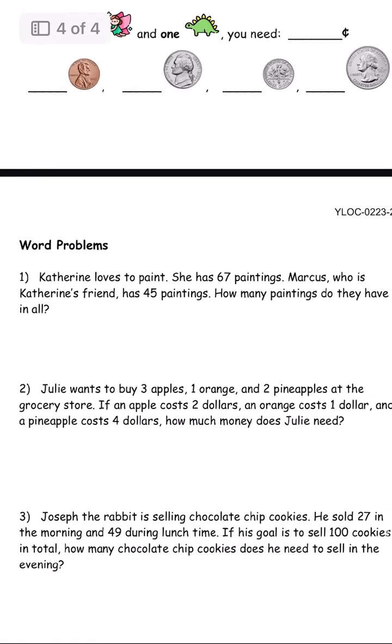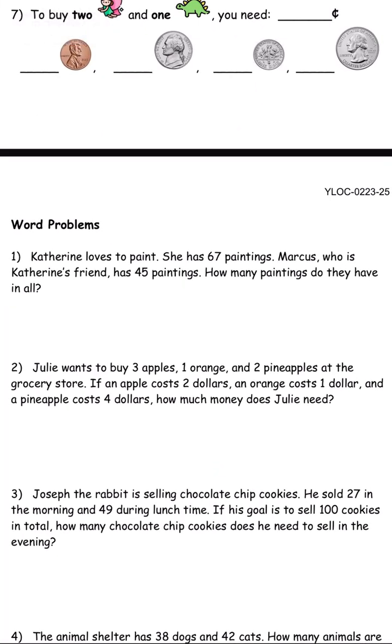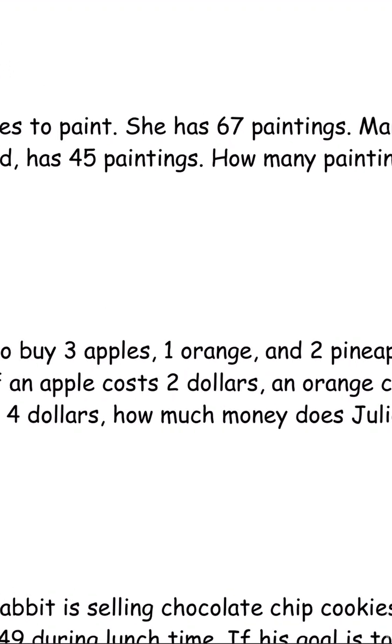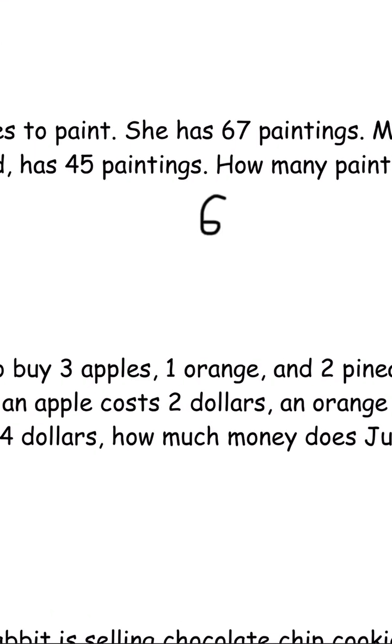Okay. Word problems. Catherine loves to paint. She has 67 paintings. Marcus, who is Catherine's friend, has 45 paintings. How many paintings do they have in all? So they're asking how many they have in all, which means that we're going to add the 2 numbers of paintings, right? So 67 plus 45.